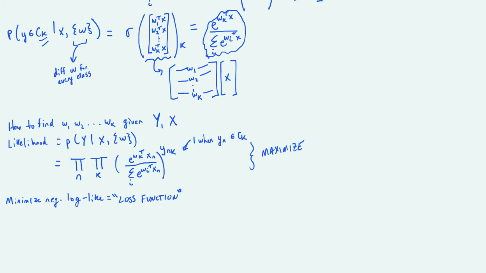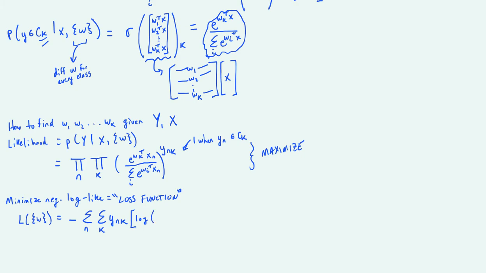So let's write this down. The loss function of our entire set of W's is going to be equal to, now I'm going to put a negative sign and we're going to take the log. So those products are going to become sums, n over k. That exponent's coming down when we take the log, and I'm going to even use the quotient rule for logs all in the same step.